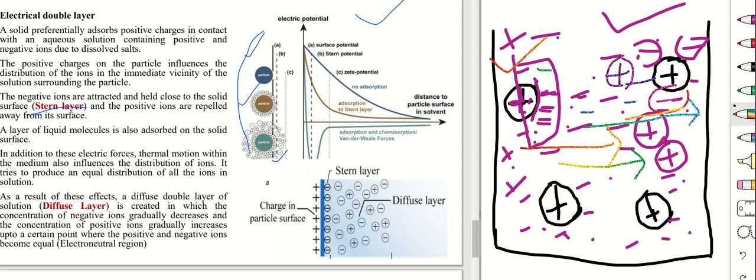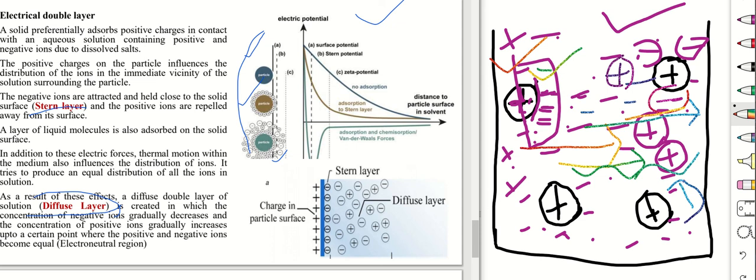Immediate to the drug surface we see a tightly bound layer, which is known as the Stern layer. As we move away, the diffusion of ions is seen. This layer is known as the diffuse layer.